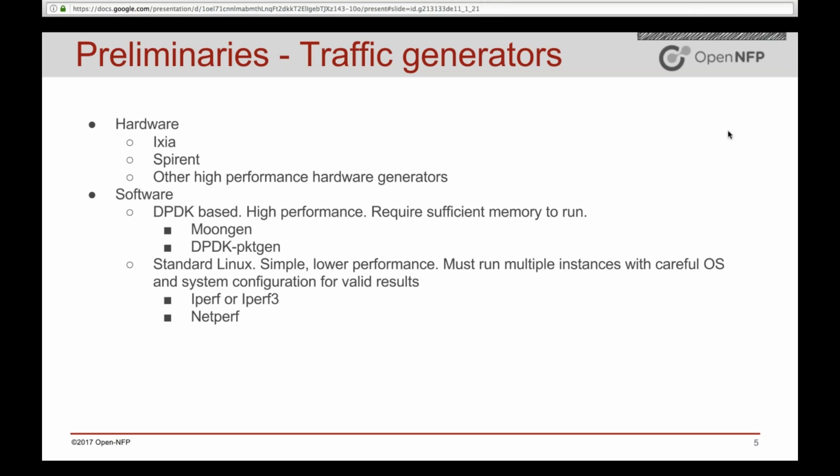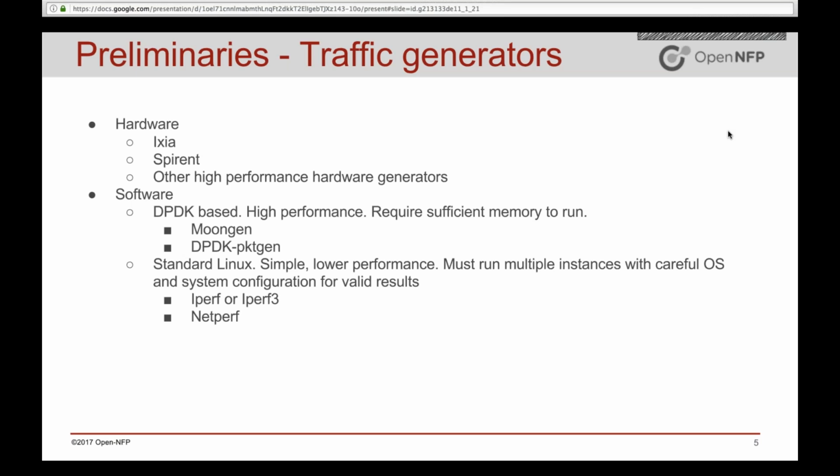The two ones that we use typically here, MoonGen and DPDK PacketGen, they each have slightly different facilities, but the common theme here is these are packet generators. They're open source, they're supported by the community, they use DPDK as the transport, and they are scriptable and controllable via a language called Lua.